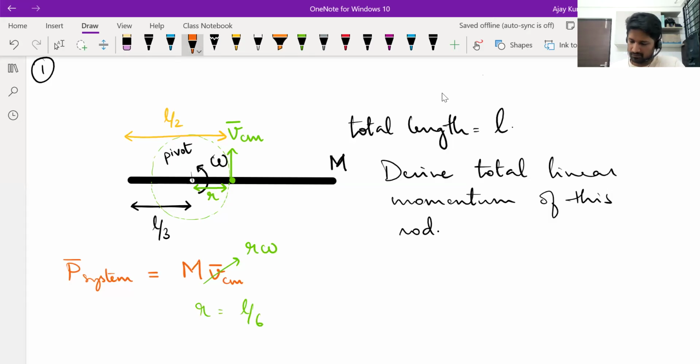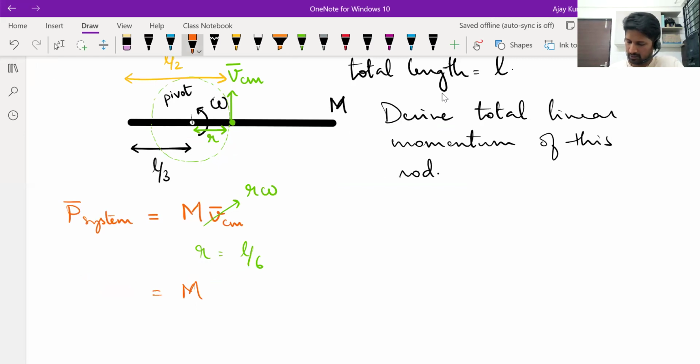Therefore, the total momentum of the system becomes M L by 6 into omega, or M omega L divided by 6. Is this clear to all of you? Rishi, did you understand? Yes, sir. Pawan, got it? Yusuf? Yes, sir.